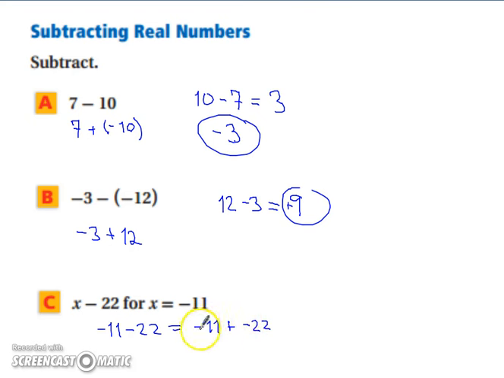The signs are the same, so we're just going to add our absolute values. So 22 plus 11 is 33. And now we need to keep whatever sign it was. Both of them were negative, so therefore it's going to have a negative sign.